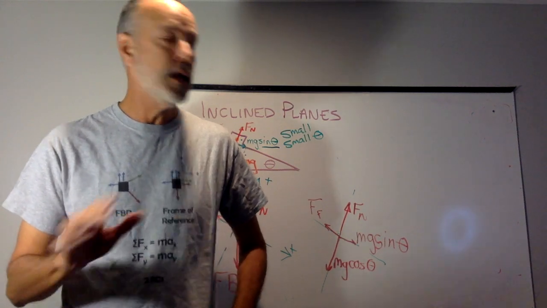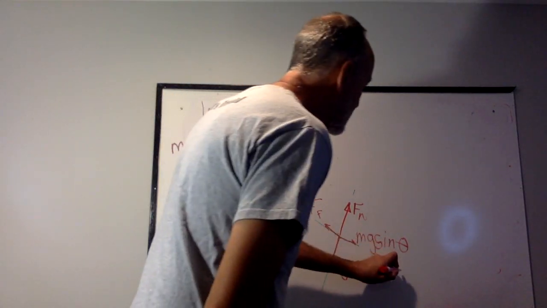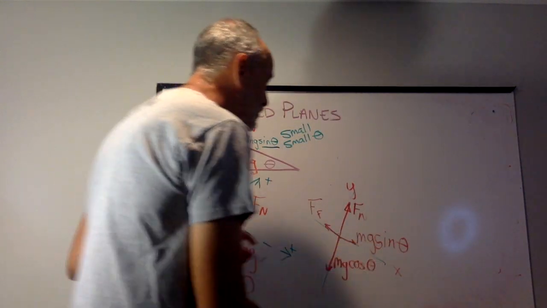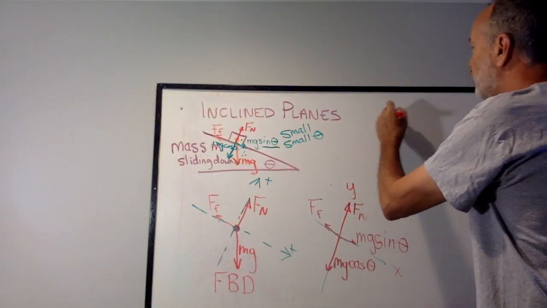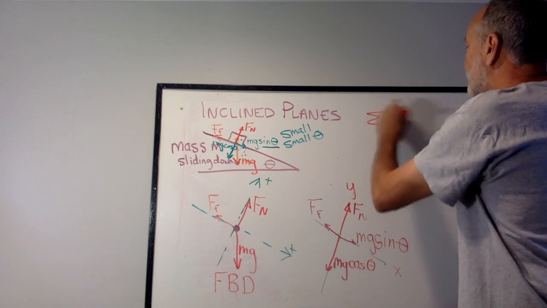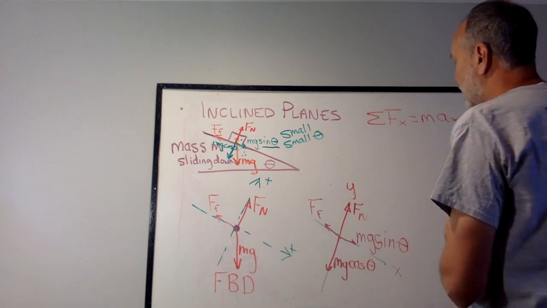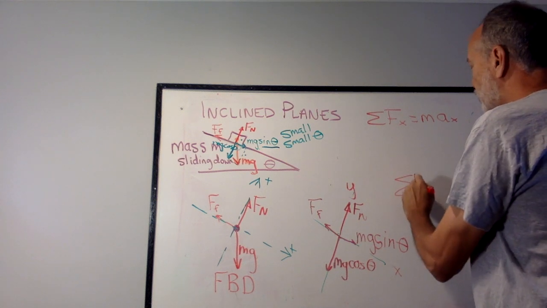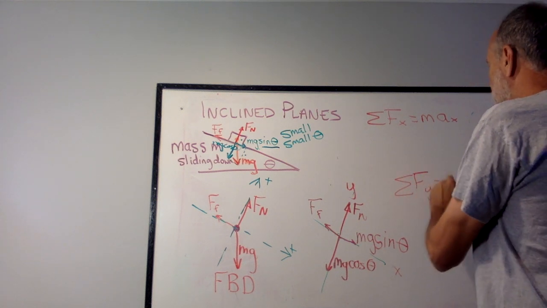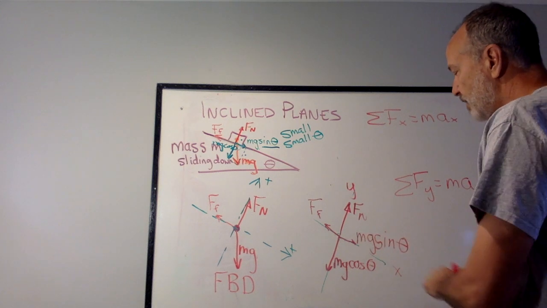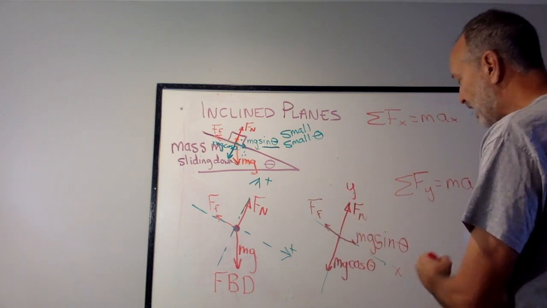Once you've got these two, you're in great shape because now you're just writing two Newton's second law equations. Again, I'm going to call this the x direction. I'm going to call this the y direction. So in the x direction, sum of forces in the x direction equals ma in the x direction. And then I'll just put it over here: sum of forces in the y direction equals ma in the y direction. Well, this is mg sine theta in the positive direction.